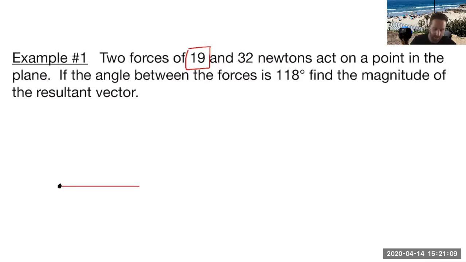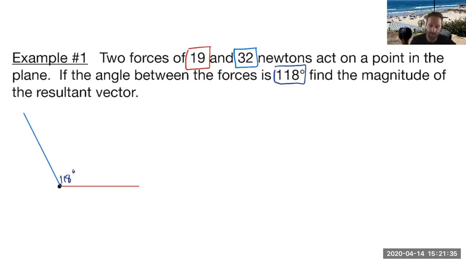So I will approximate what that is and then draw this thing out. Now notice I drew it a lot longer because 32 is much longer than 19. So you see I have my angle with my two forces, 19 and 32, and I will draw in that angle of 118 degrees.